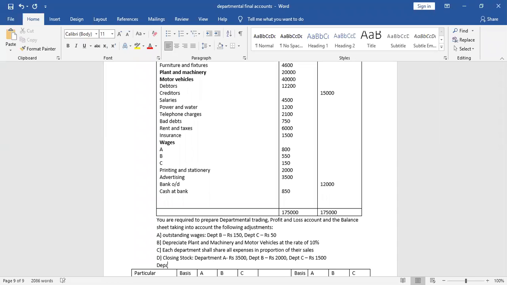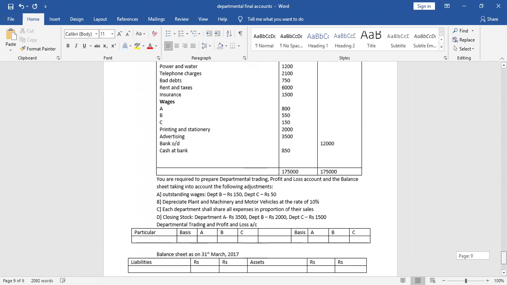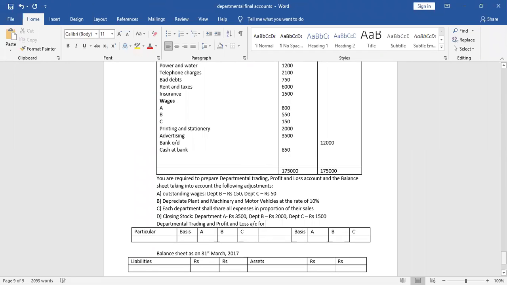So we will prepare departmental trading and profit and loss account for year ended 31st March 2017. So now let us start this sum.